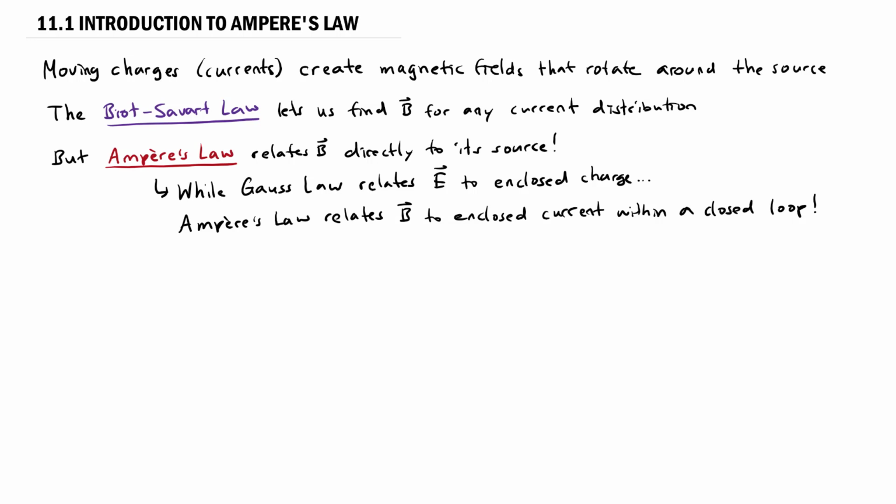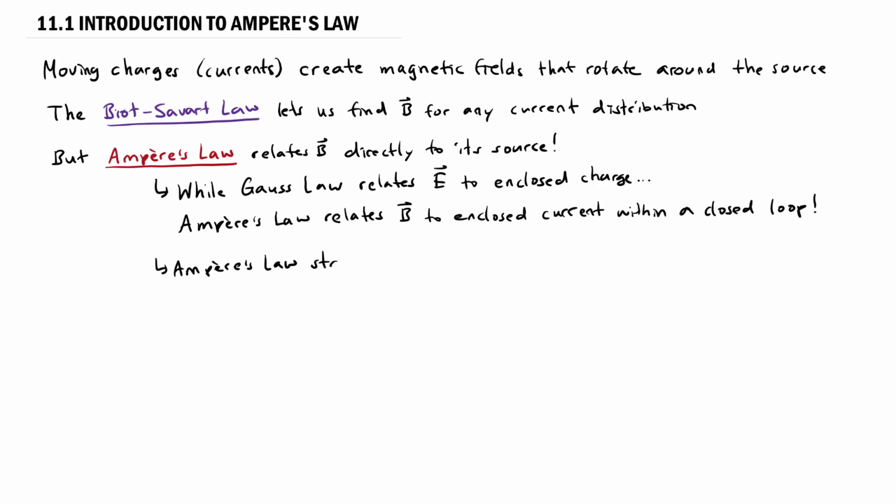So what exactly is Ampere's law? I won't go into detail about what Ampere's law is until later on in this chapter, but we should probably start off with what it states.